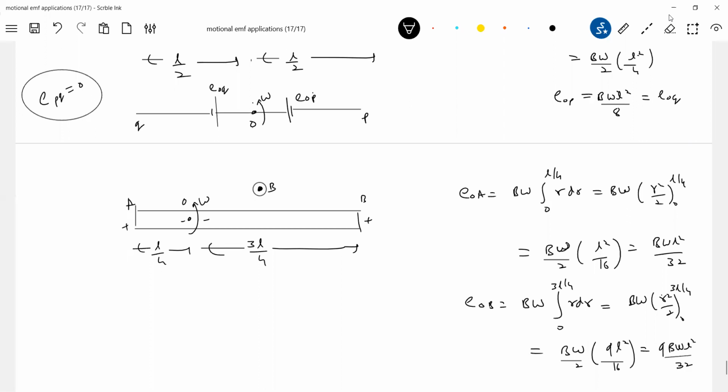So what is the effective EMF induced? B will be at higher potential. So EBA is the difference of that, which is B omega L square by 4.